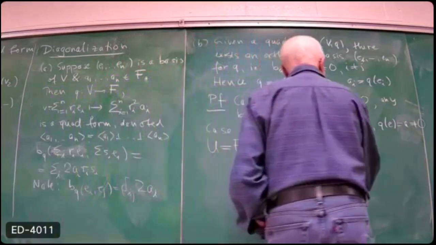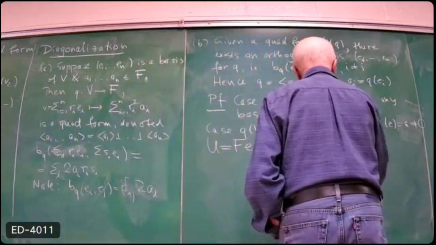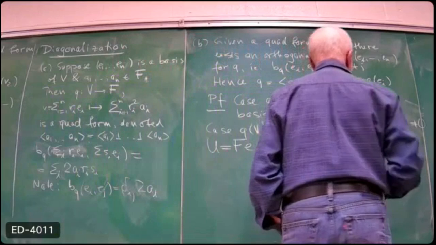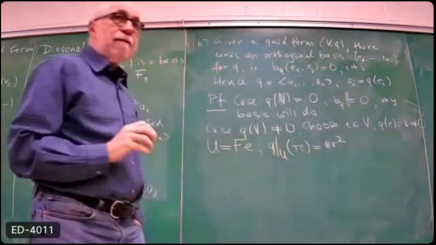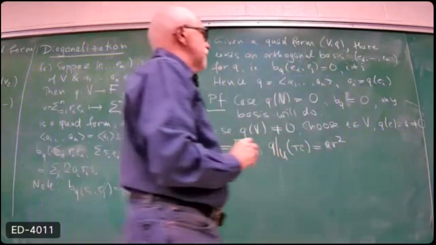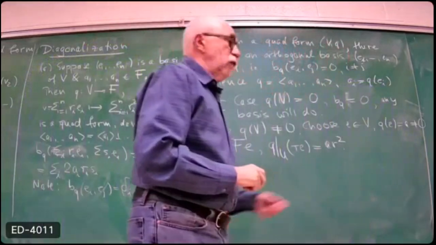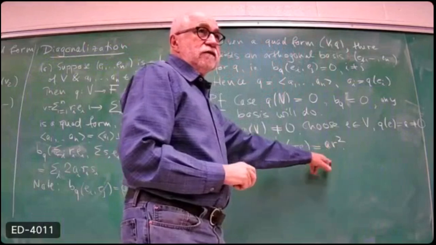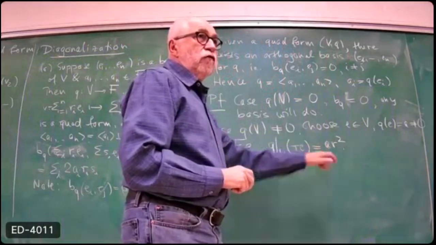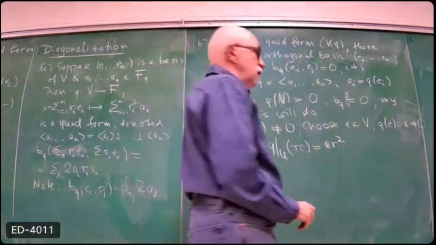Well, this is A times R squared. But A was not zero. So last time we checked that this particular quadratic form on a one-dimensional space is regular.